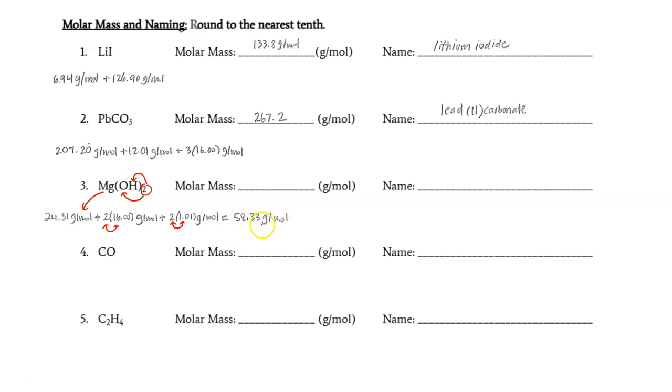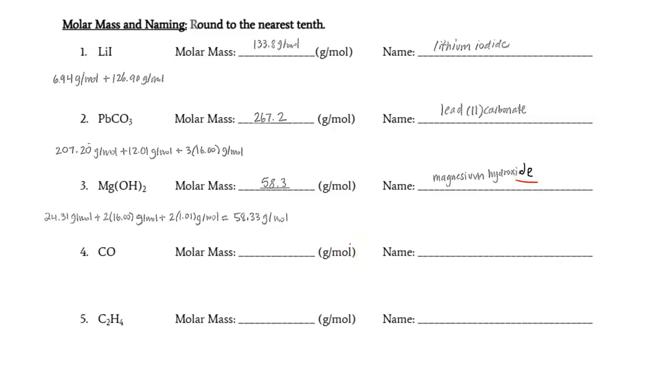And that gives 58.33 grams per mole. Now, to round that, we're going to have to round to our tenth digit. That's a 3, so it's just going to stay 58.3 grams per mole. And the name of that would be magnesium hydroxide. IDE at the end, don't forget that.